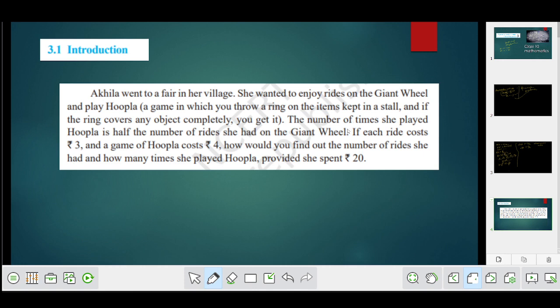The number of times she played hoopla is a half of the number of rides she had on the giant wheel. If each ride costs 3 rupees and a game of hoopla costs 4 rupees, how would you find out the number of rides she had and how many times she played hoopla, provided she spent 20 rupees?